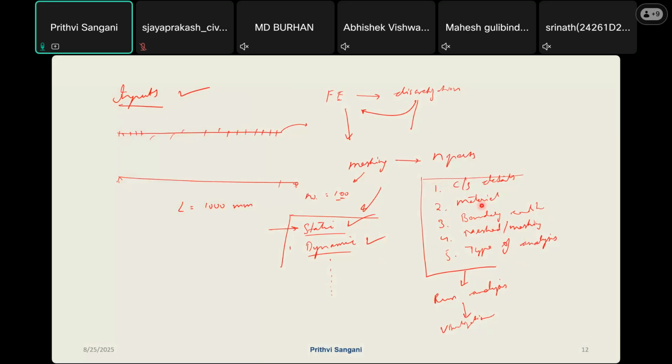Let us say instead of giving the right material properties, you give some other material properties, then your model is not going to be as perfect as you want it to be. And even boundary conditions: let us say you have simply supported conditions but you have given some other conditions, then your results are going to be significantly different from what you actually expected.